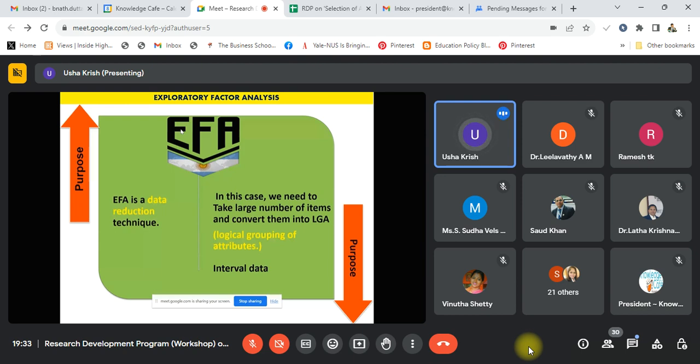For instance, if the researcher has decided to do research on the topic organizational sensitivity, he has to undertake EFA because he will not get sufficient theory relating to organizational sensitivity. One more point to be kept in mind is EFA can be used if a scale is not constructed or developed relating to his study area.